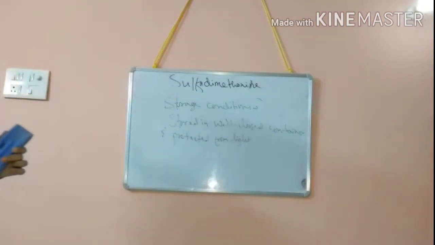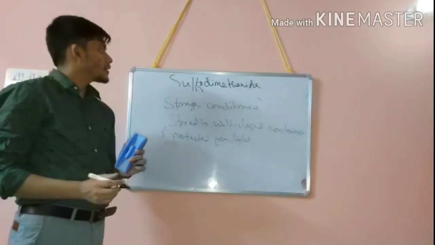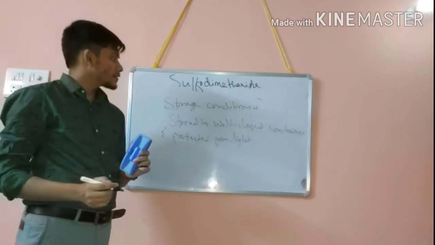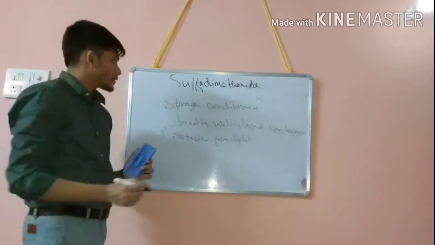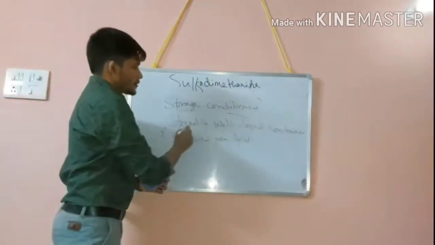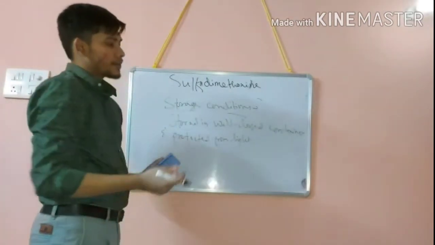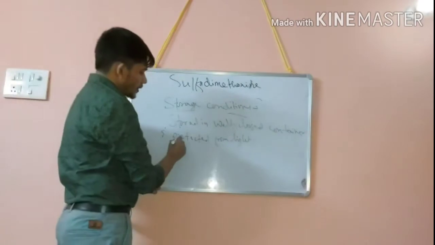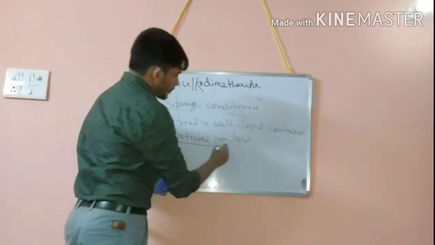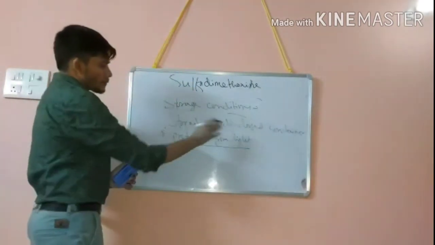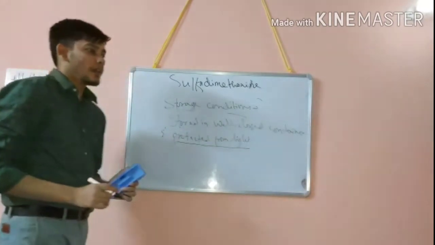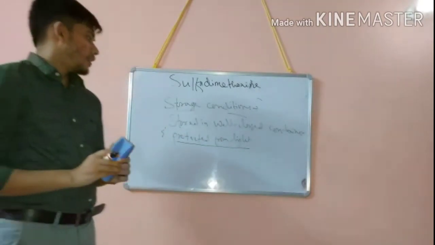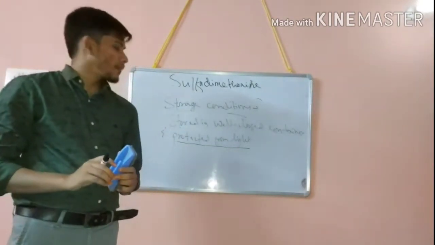So these are some details about the sulfadimethoxine compound. We have to keep it in a well closed container, protected from light. For light protection we can use an amber colored container.